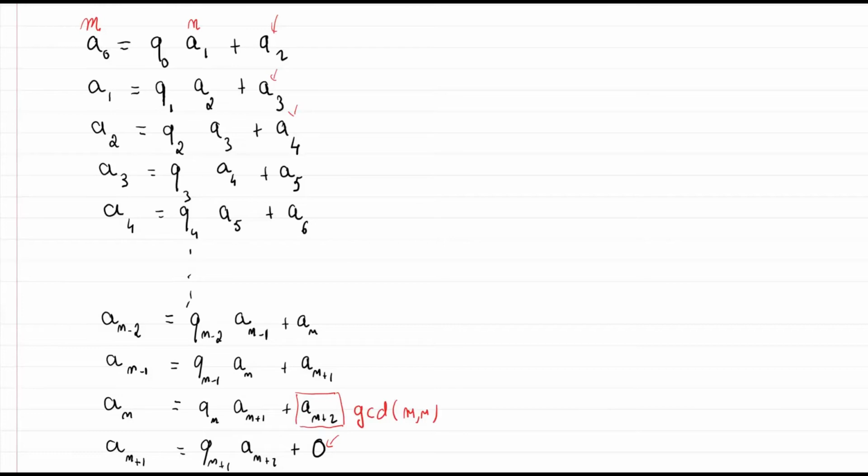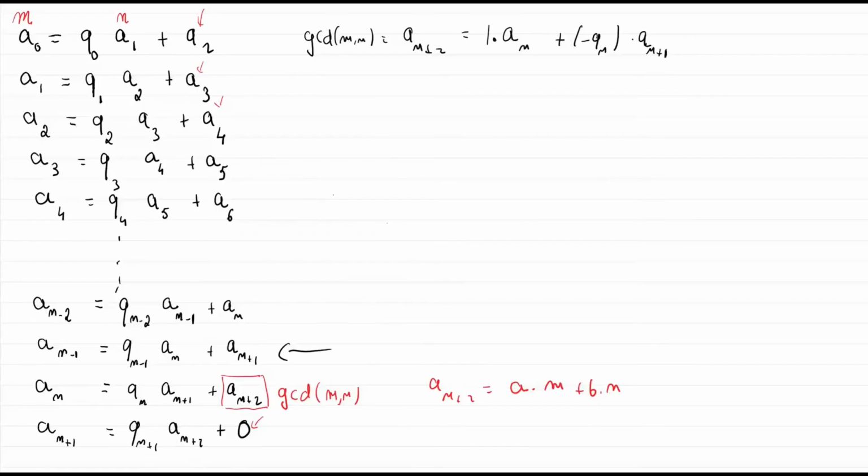And what I want is to write a_{n+2} as a times m plus b times n, where a and b are integers. How can I do it? I cannot do it in one step, so I'll do it in several steps. The first step, I look at this last equation.